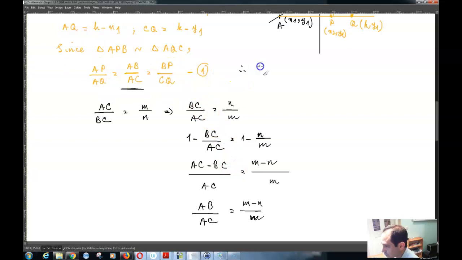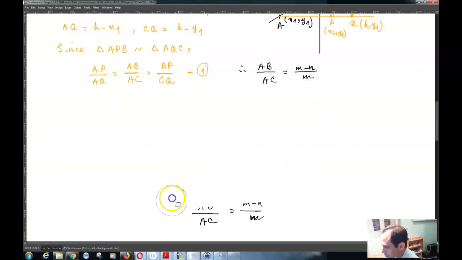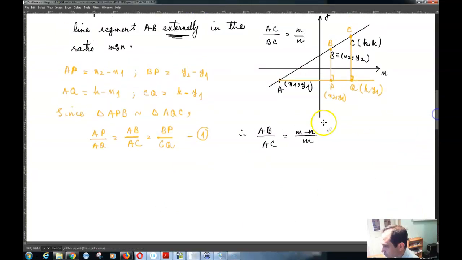AB to AC is equal to M minus N to M. Now what I can do is substitute these ratios over here and derive the formula that we were looking for.